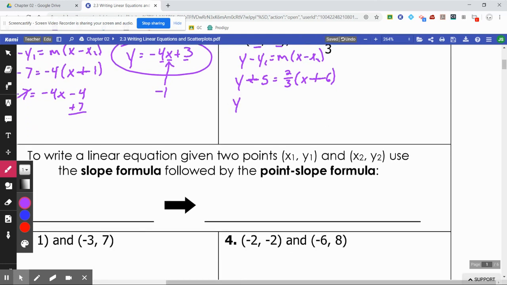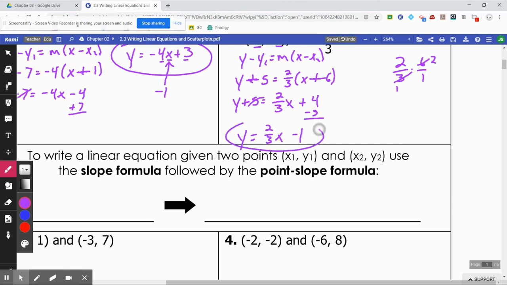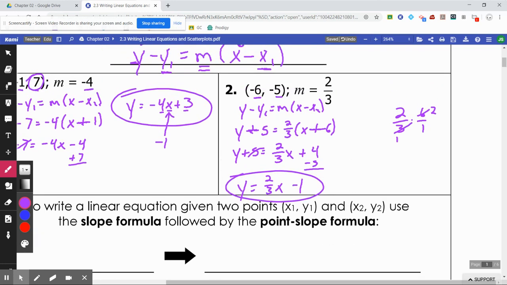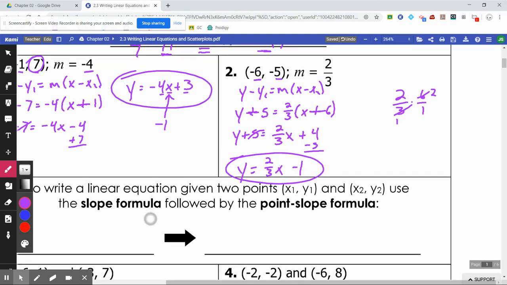So you now have y plus 5 equals, distributive property, 2/3 times x and 2/3 times 6. Cross cancel, that'd be a 1 and a 2, so a positive 4. Last step, move the 5 over by subtracting 5, and it gives you y equals 2/3 x minus 1. That would have a slope of 2/3, and again, you can plug in your point and check it.